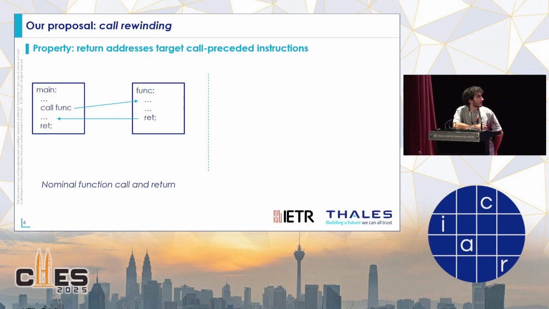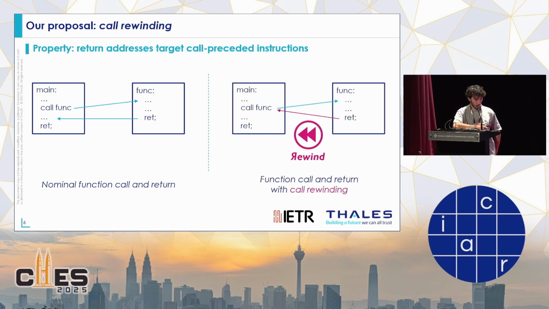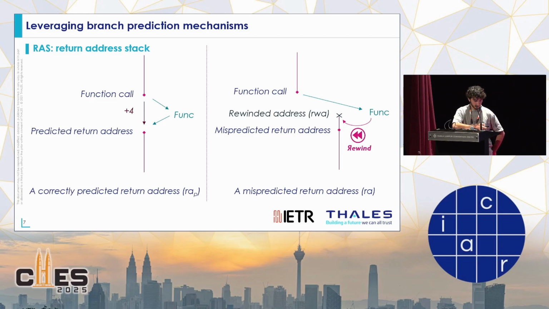And then once you execute this function, you return from it, and you would expect it to target the next instruction after the call. So what we propose with call rewinding is to simply, instead of returning directly on this instruction here, return on the call instruction and check the type of the instruction at this address. And basically, we can do that through a hardware implementation.